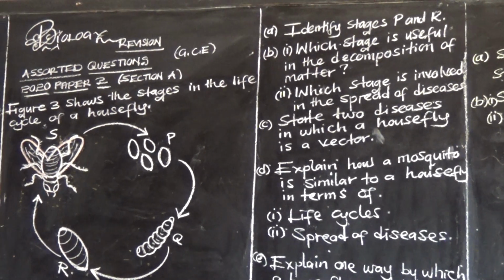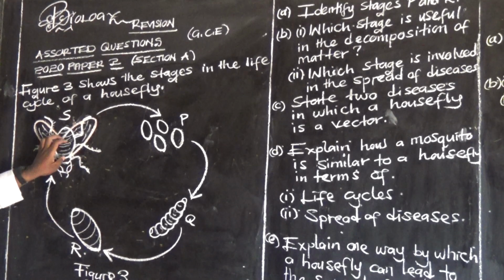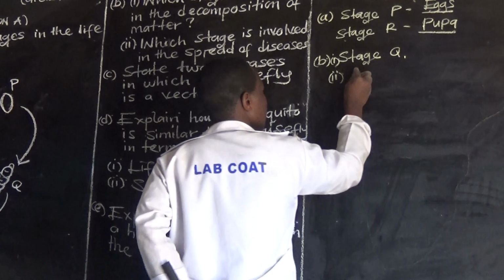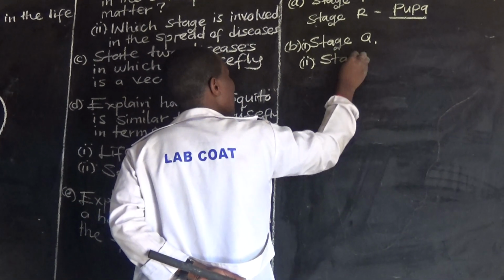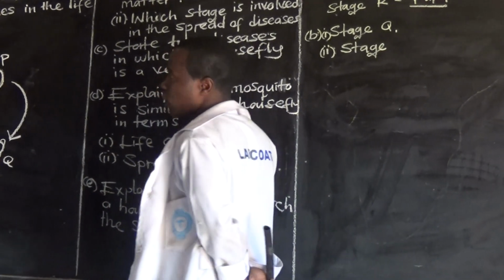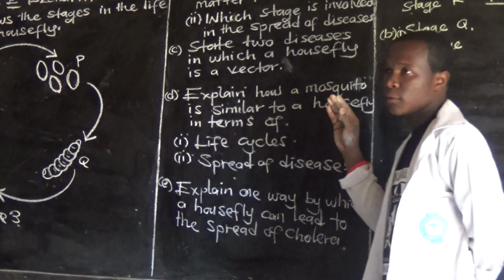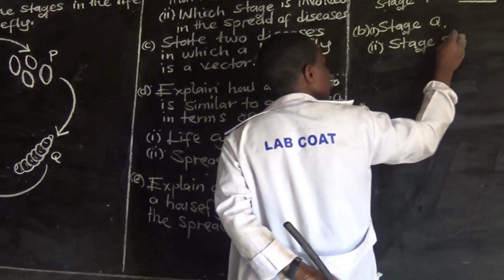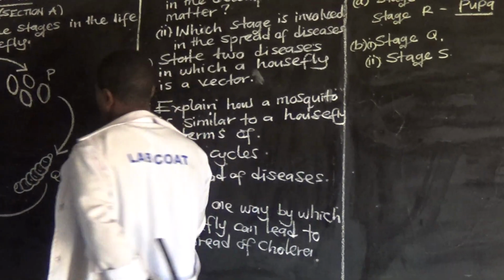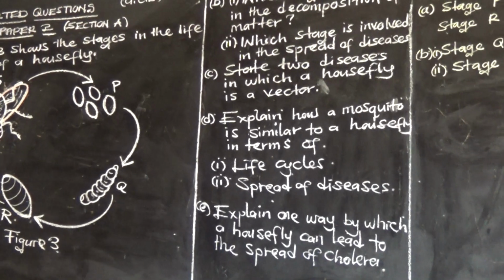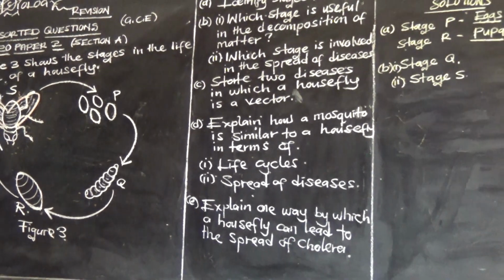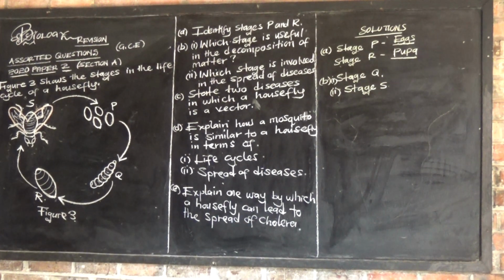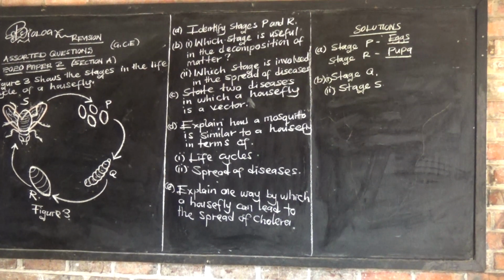Our vector is the adult, which is S. When answering these questions, don't say adult housefly, just state the stage, stage S, because the adult housefly is responsible for spreading parasites from one host to another.